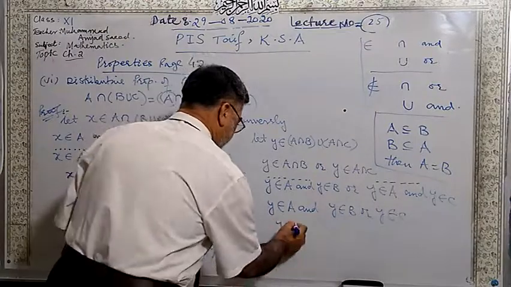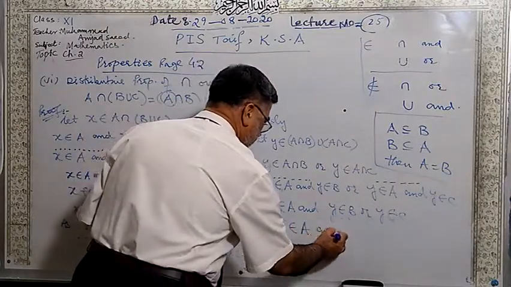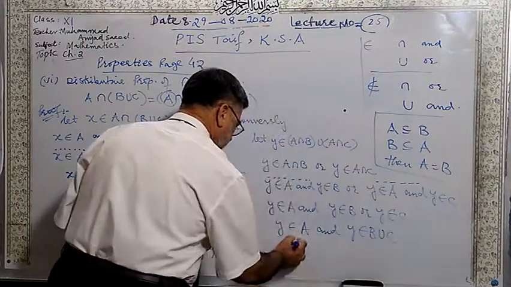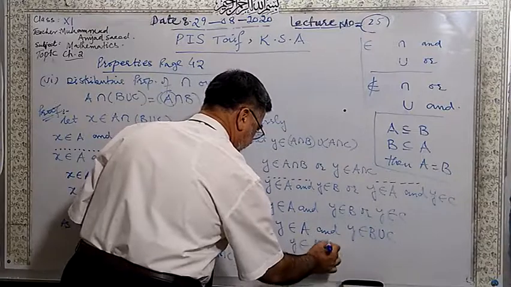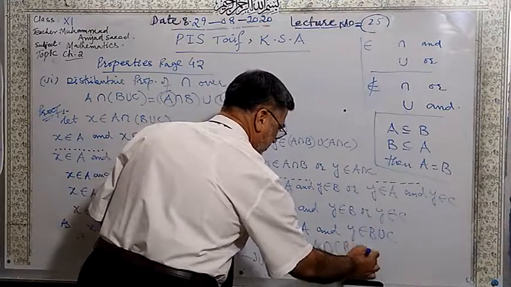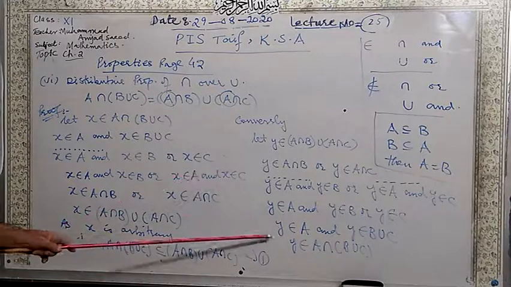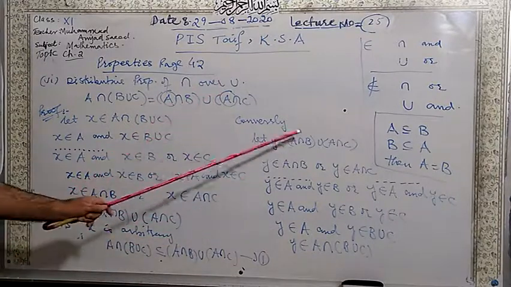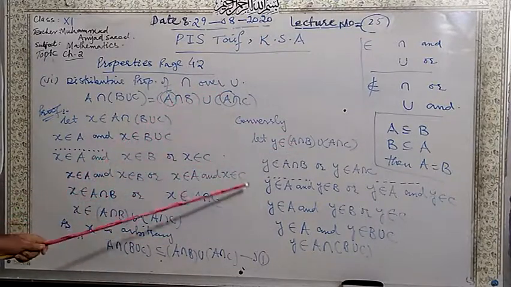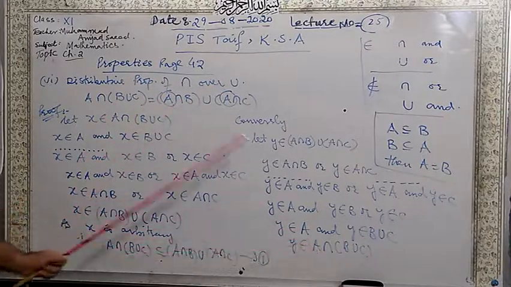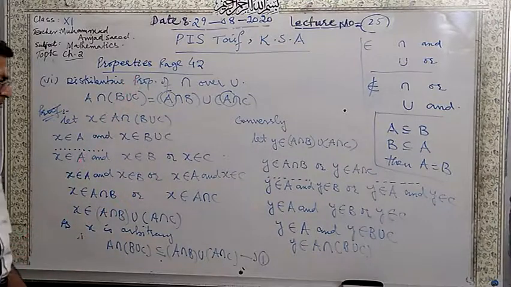So Y belongs to A and Y belongs to B union C, that is, Y belongs to A intersection B union C. You can check, Y is an arbitrary element. Y was taken in right hand side, and now it came into the left hand side.